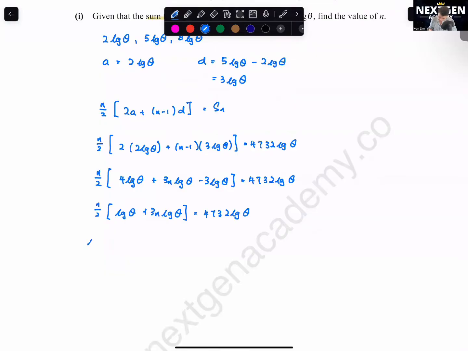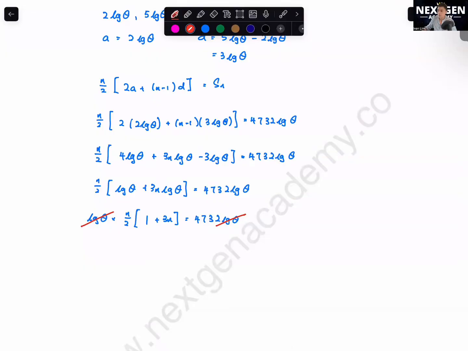I factorize out log theta first, then put the remaining 1 plus 3n, equals 4732 log theta. I want to get rid of this log theta first, so this cancels off. Now I multiply by 2 and open up the bracket. So this will become n plus 3n squared, and this side multiplied by 2: 4732 times 2 is 9464.